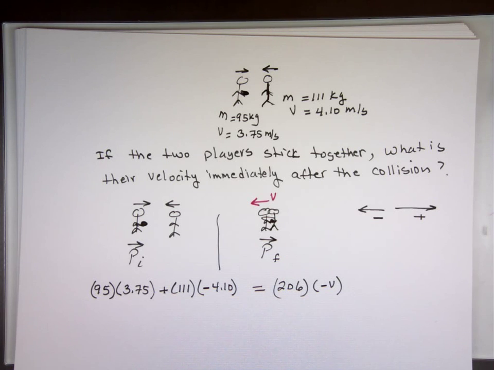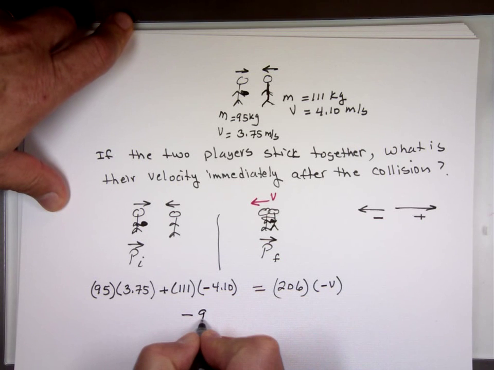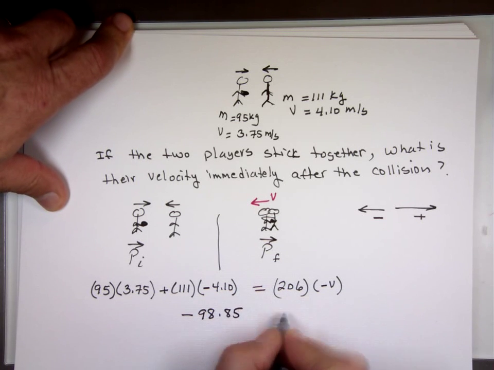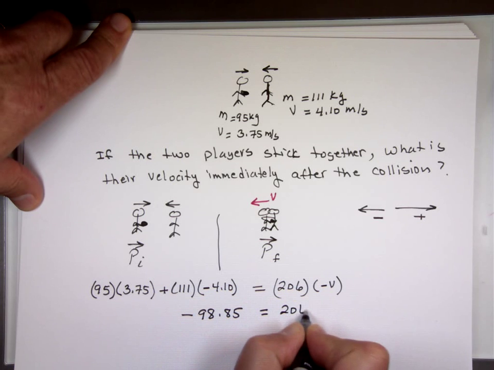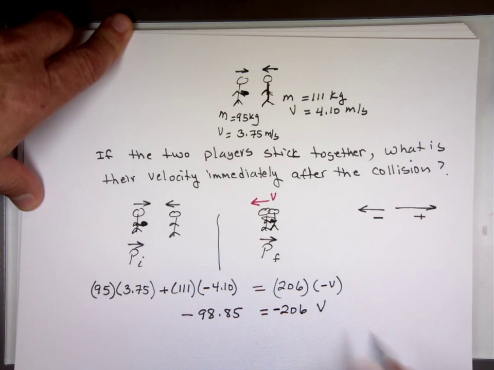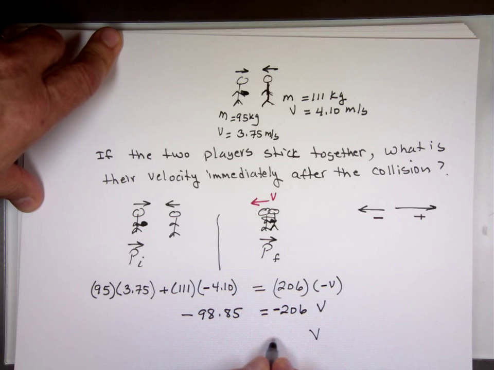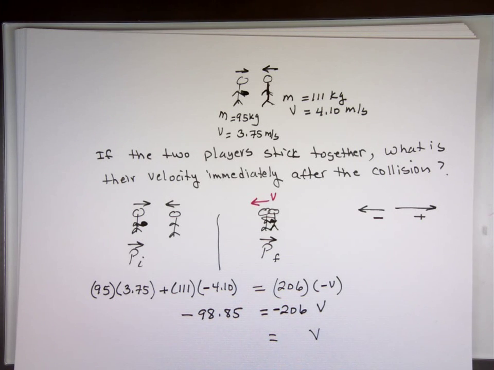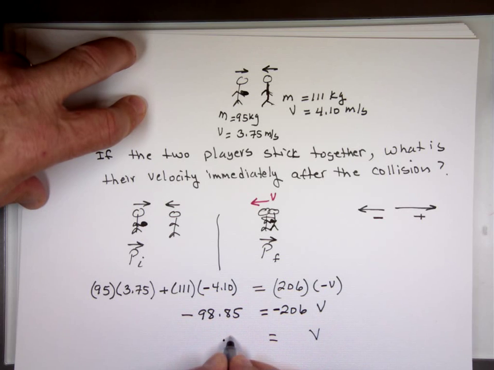Let's do the math and see what that number is: 95 times 3.75, I can do the whole thing in one shot, minus 111 times 4.10. The left side is minus 98.85. What is V equal to? A negative divided by a negative is positive, 0.48 meters per second.